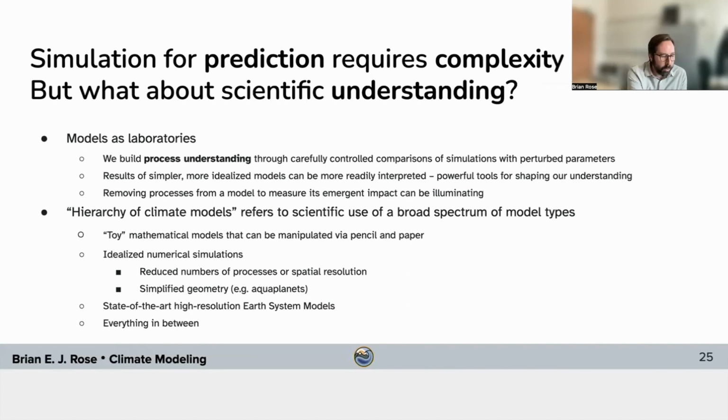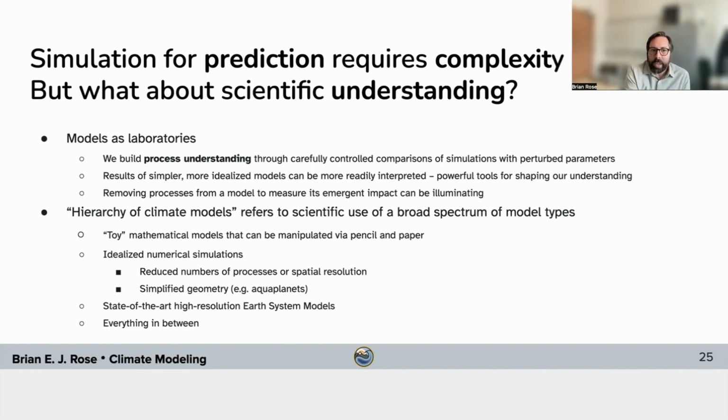And I want to say a few words about this idea of using models as laboratories. We build understanding of processes often through the construction of carefully controlled experiments in much the same way a laboratory scientist would do. And that often means comparing one simulation against another in which we've controlled conditions and changed one experimental variable.